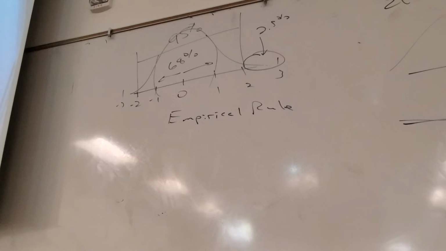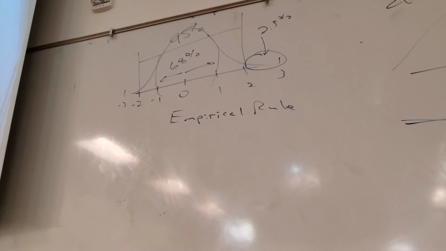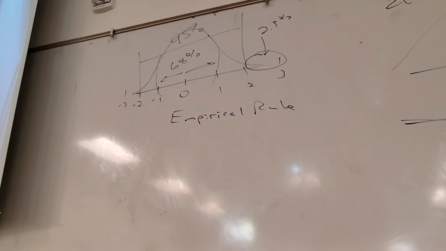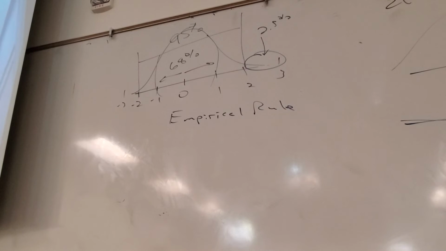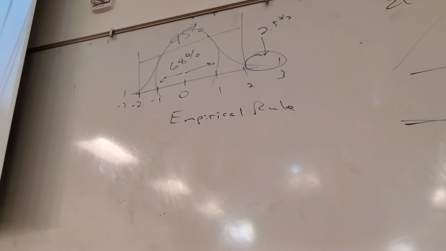But let's see, what's the mean? 6.5, right? What's 1 step down? 3.995. And what's 1 step up? 9.00. There it is.